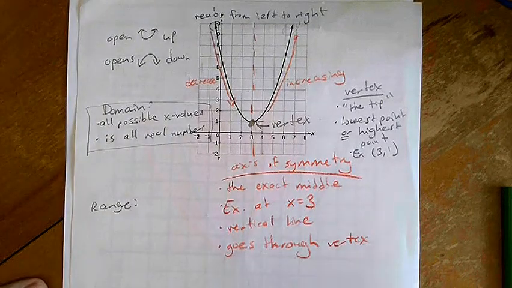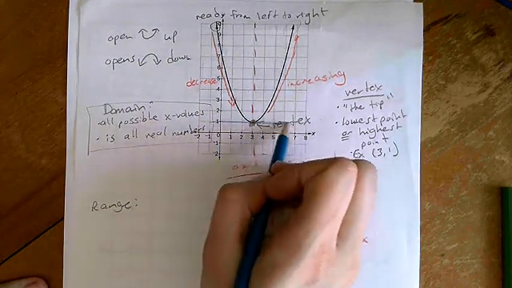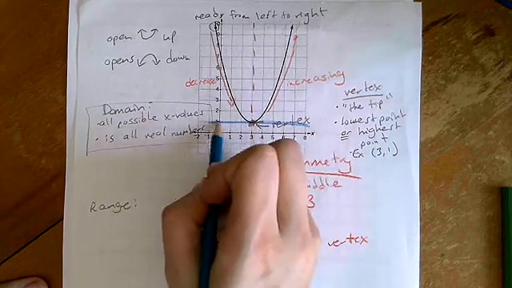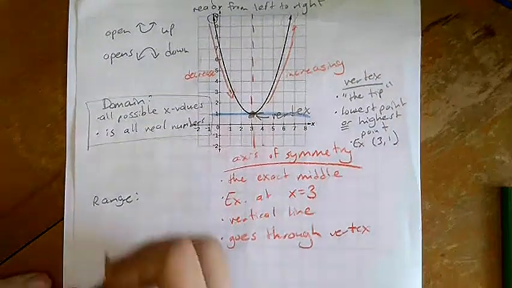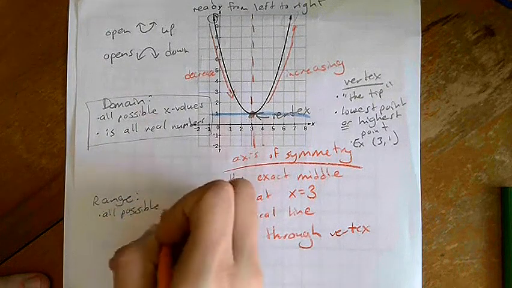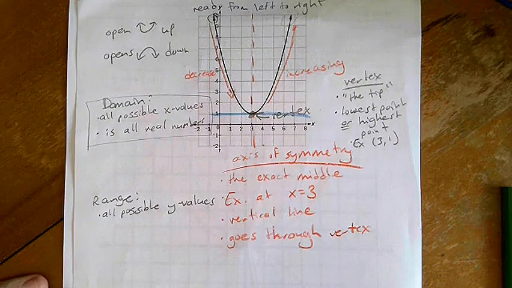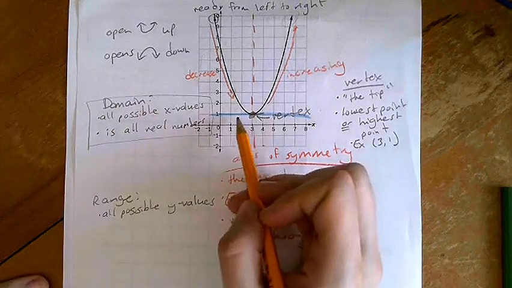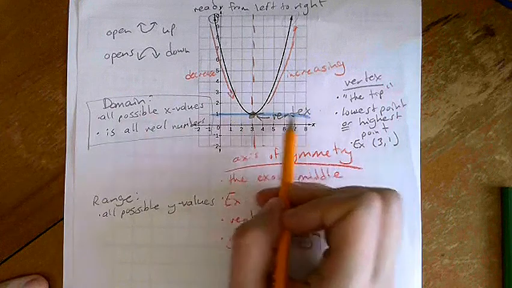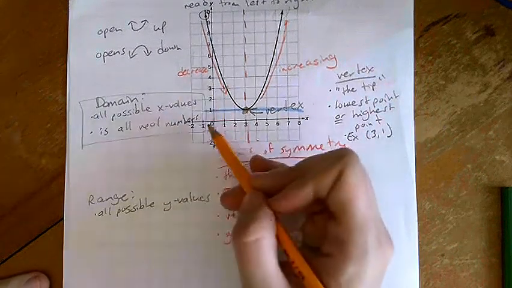Well, let's take a look at the range then. There's actually a limit because we have a lowest point or a highest point. There's actually a limit on our range. Remember, range is all possible y values. So the range is either going to start or end where our vertex is. And it can either go everything above it or everything below it.